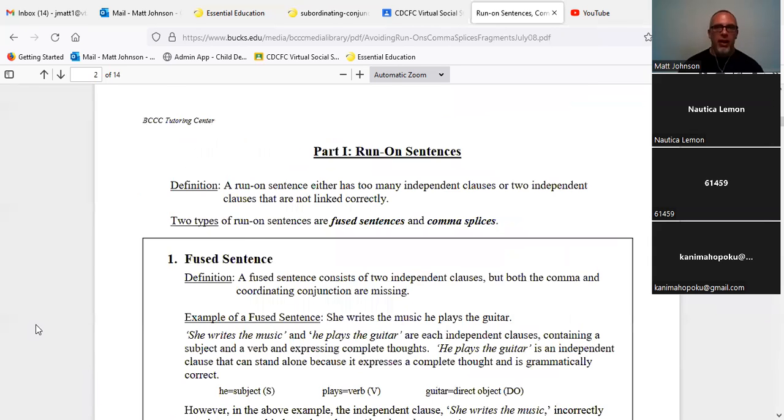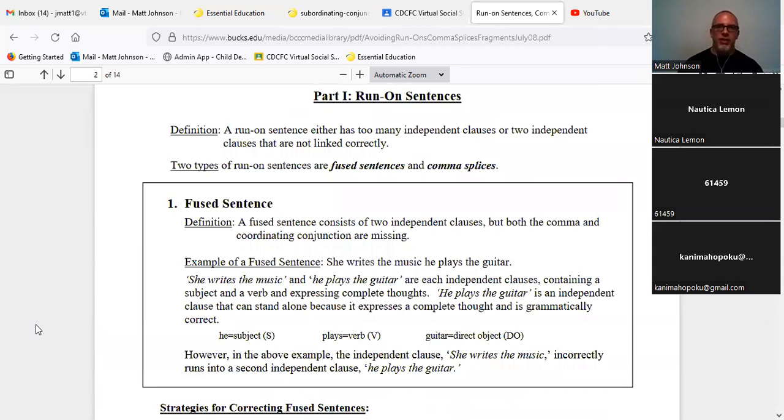Few sentences consist of two independent clauses with nothing separating them, but both the comma and coordinating conjunction are missing. So just one gross, long sentence.